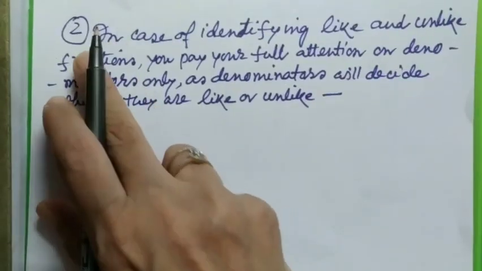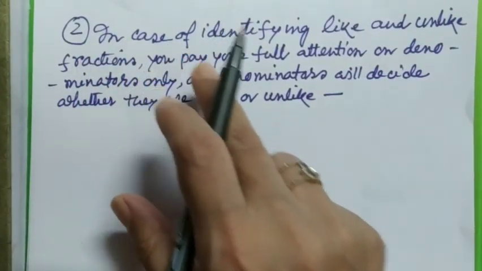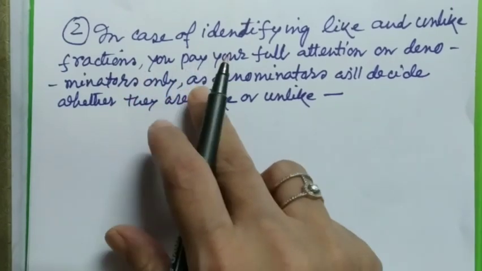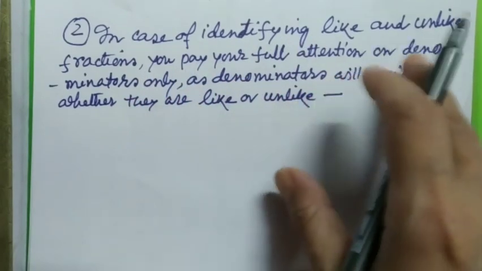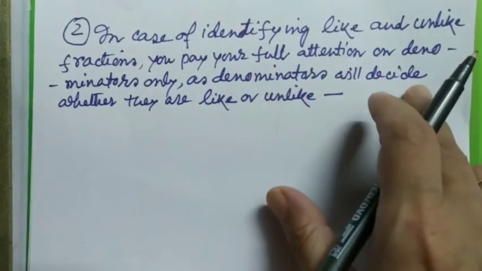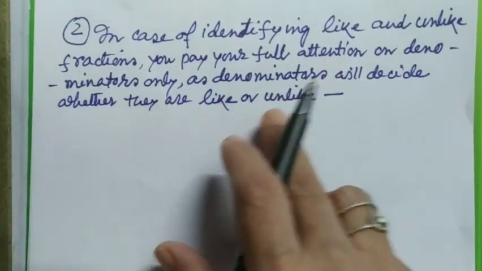Okay, tip number 2. In case of identifying like and unlike fractions, you pay your full attention on denominators only, as denominators will decide whether they are like or unlike.